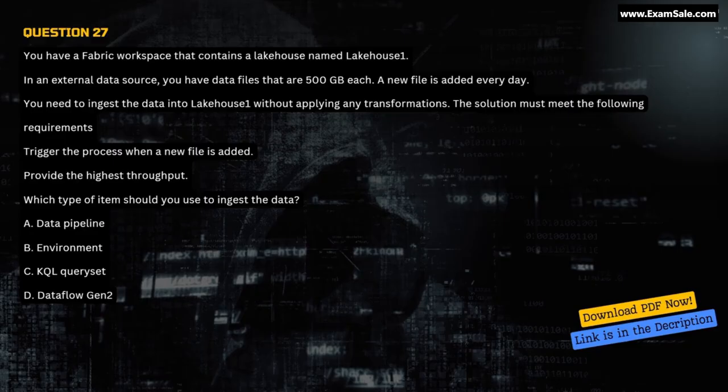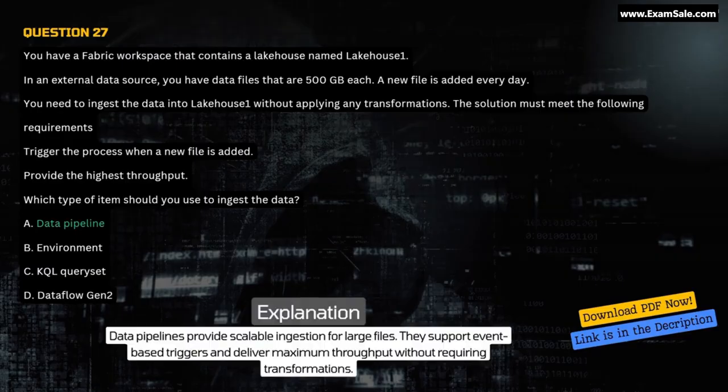Which type of item should you use to ingest the data? A. Data pipeline. B. Environment. C. KQL query set. D. Dataflow Gen 2. Correct answer A. Data pipeline. Explanation. Data pipelines provide scalable ingestion for large files. They support event-based triggers and deliver maximum throughput without requiring transformations.